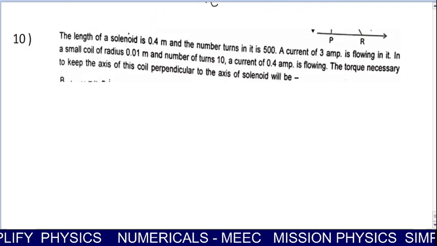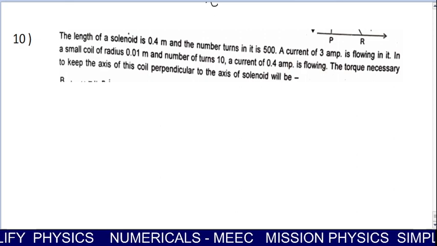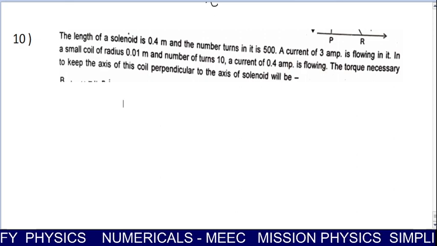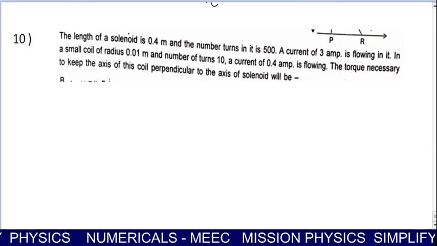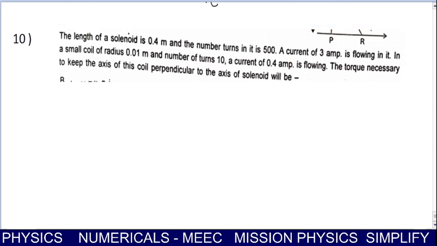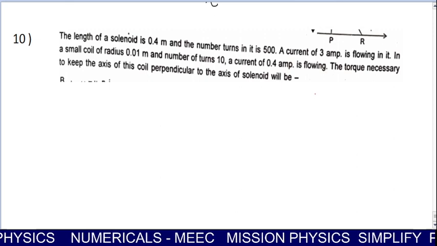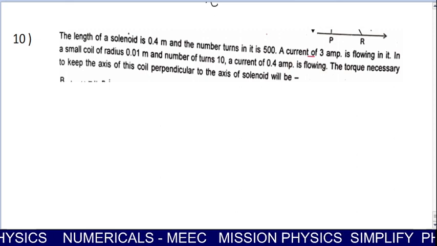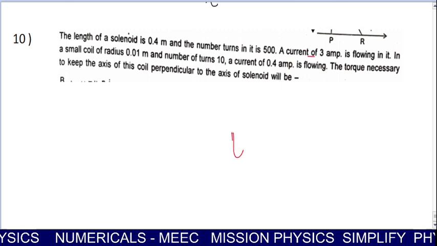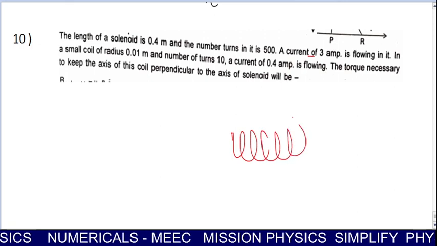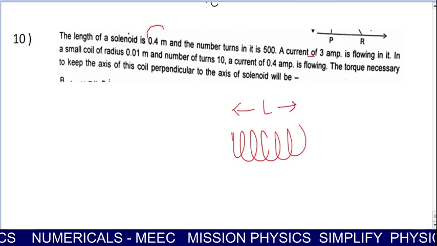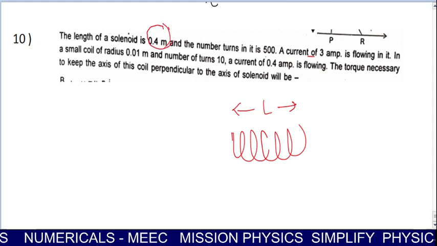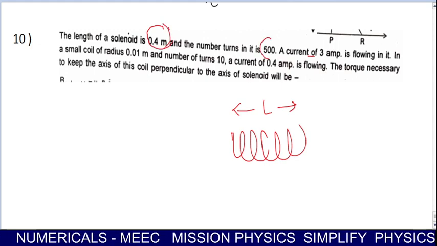Next question: the length of a solenoid is 0.4 meter. As we always take the number of turns per unit length in the case of a solenoid, the length of the solenoid means how we show it. This is a solenoid and this is the length. So the length is given here as 0.4 meter and the number of turns in it is 500.